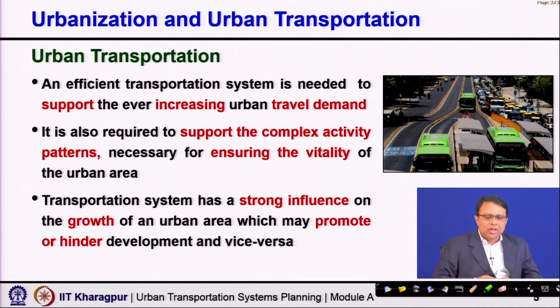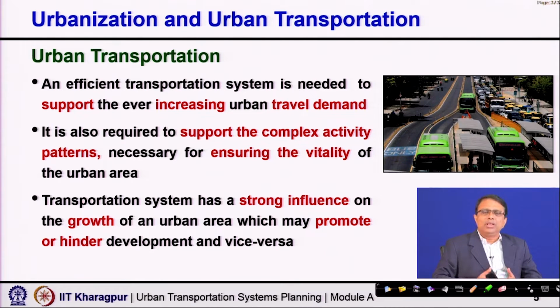So, we need an efficient transport system to support this level of urbanization and this level of travel requirement. Also, often in urban areas, we observe complex activity patterns. There are different types of land use, different activities located in different places. So, we need an efficient transportation system for ensuring the vitality of the urban area.